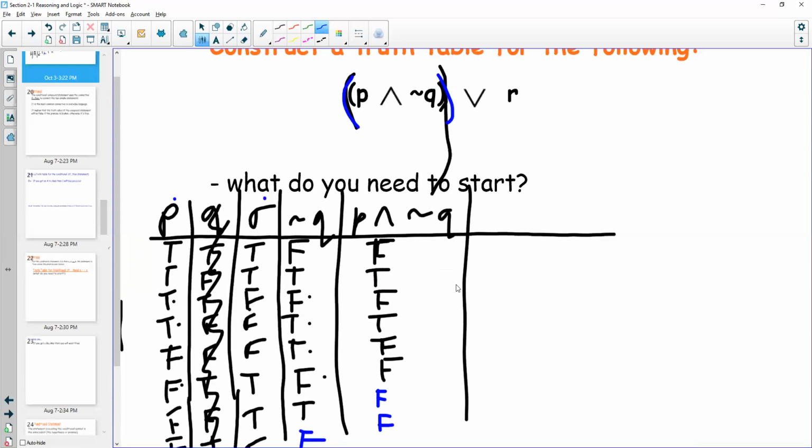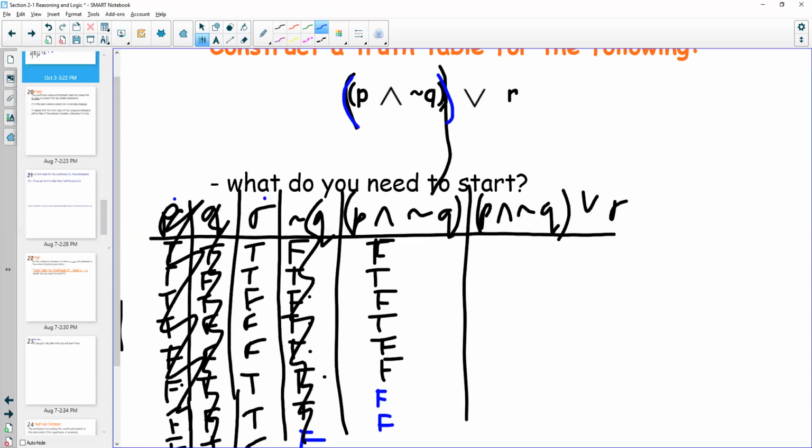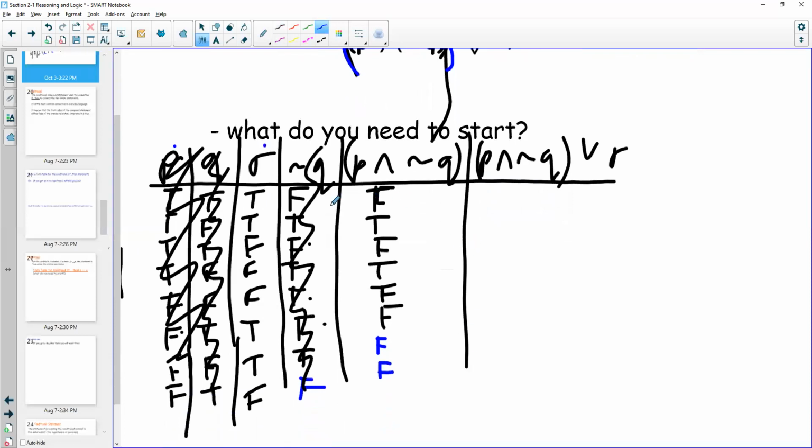And then the last step is to do this P and not Q, which I figured out, or R. So now I'm only going to look at this P and not Q column, and then R. So in OR, it's true if either of them are true. So it's true and false, true.